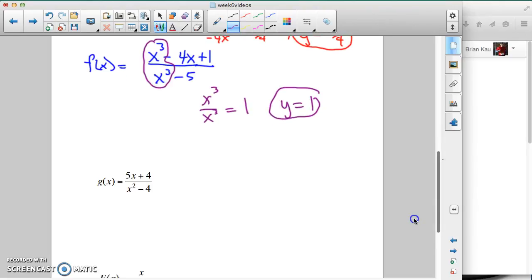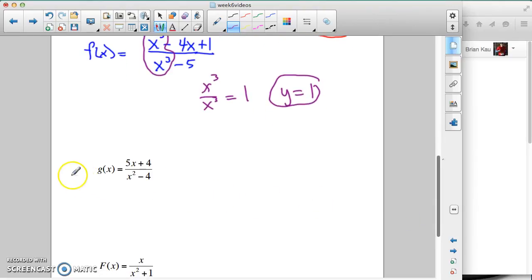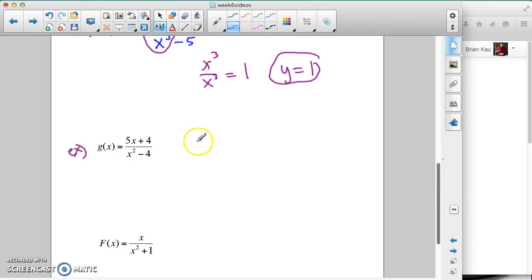So let's look at the three examples we did earlier in a previous video. We looked at this one and we looked at where the vertical asymptotes were. So in the same situation, we're going to look for horizontal asymptotes here. So here's our highest exponents. Since this one's less here, this is going to have a horizontal asymptote at y equals 0 because this one's less than this one.